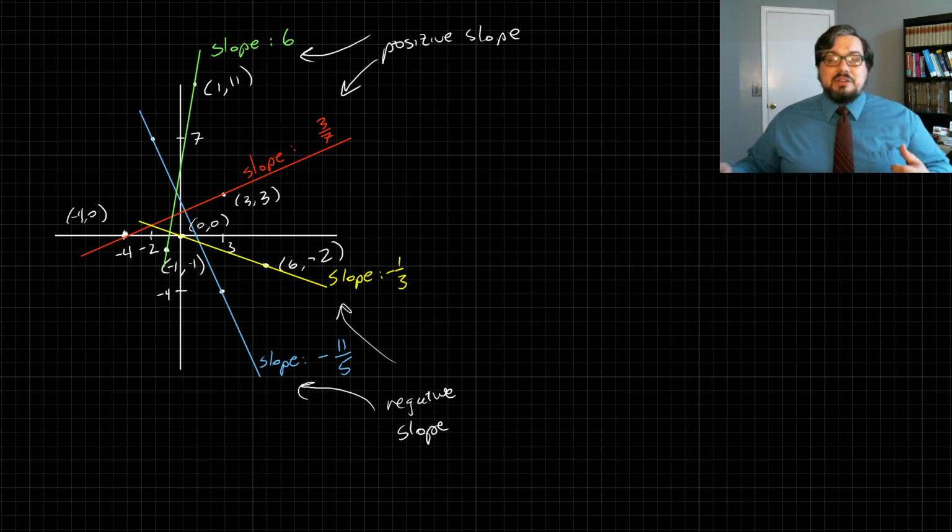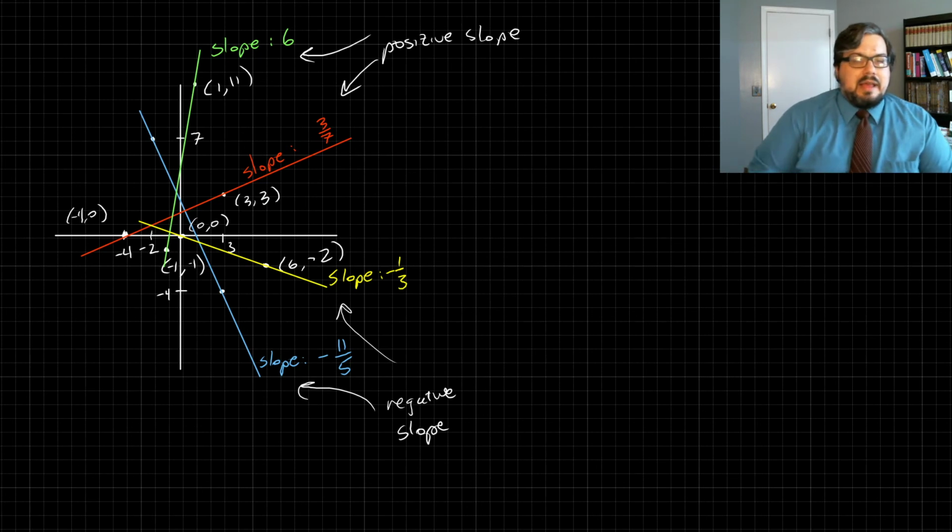So if x is increasing, that is we're moving from left to right on the graph, then the y values are going to be decreasing. That is, the graph is going to get lower on the graph. Whereas if the slope is positive, that means that the x's and y's are changing in the same direction. They're either both increasing, which means you're moving to the upper right on the graph, or they're both decreasing, which means you're going to the lower left.